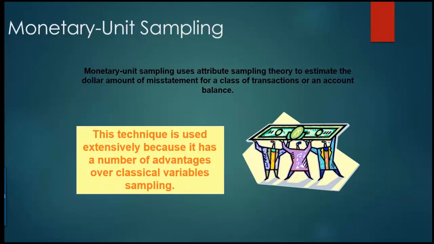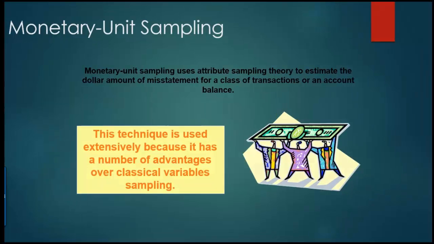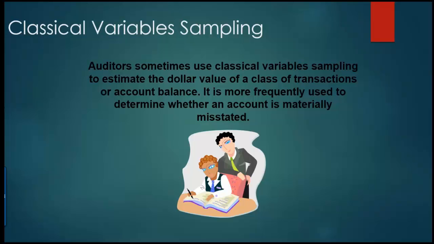And what this does is the probability of being picked is proportioned to the size of the dollar value of the individual items, which is very important, because it gives you some assurance that as you're picking these items, they are relevant in relationship to the entire population. Classic variable sampling, very easy concept: every item is going to be picked based upon this probability.